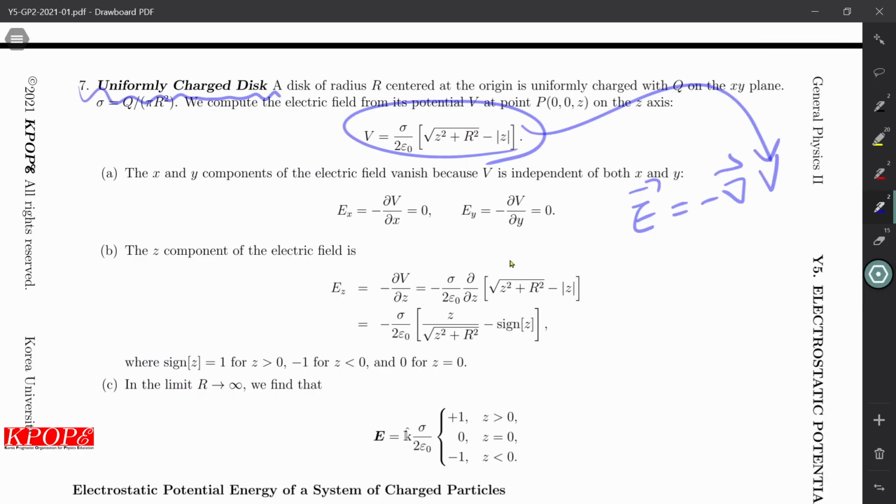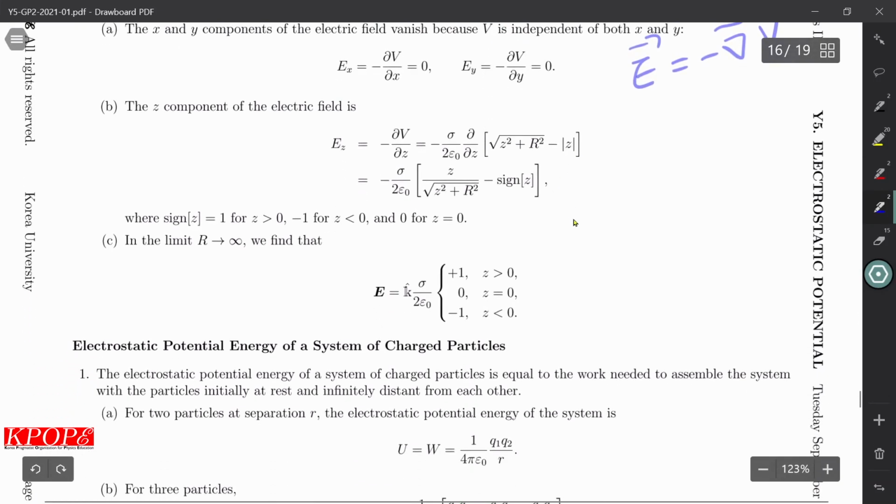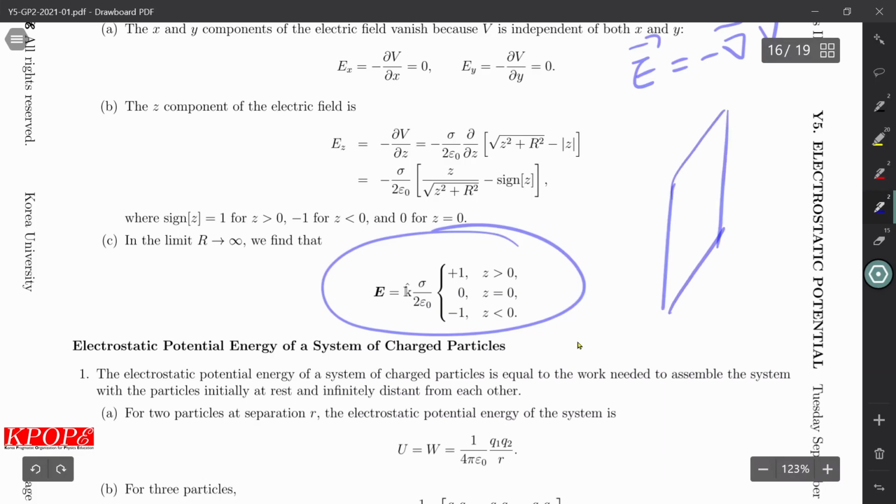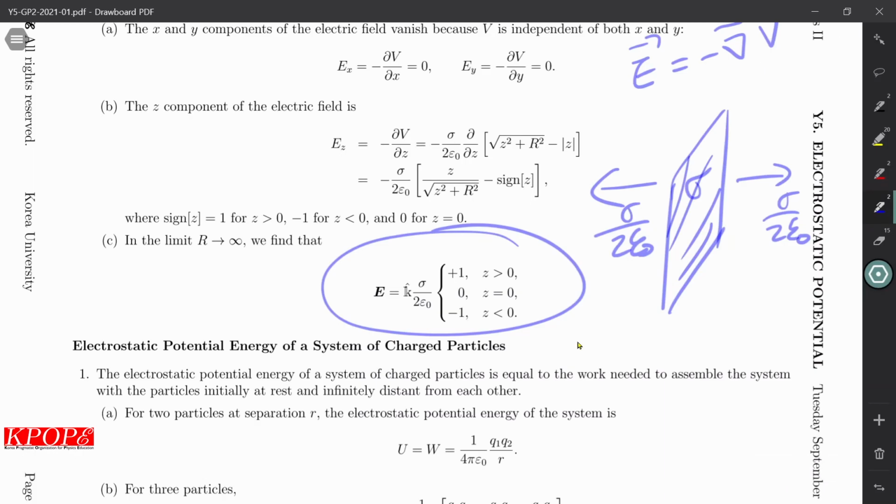The derivative of this function is trivial, and you reproduce the electric field, sigma over 2 epsilon 0, when the sheet is charged with the surface charge density sigma.